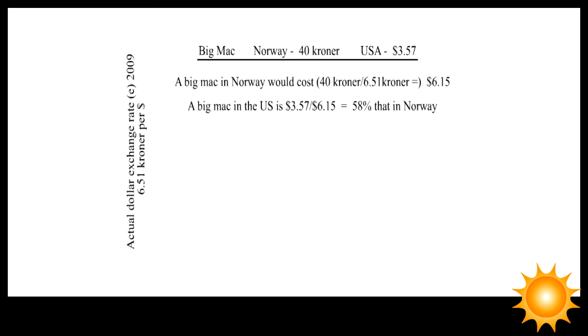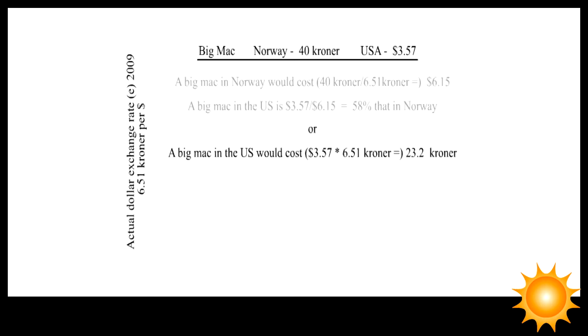Alternatively, we can compare the prices in terms of kroner. Convert the US price into kroner price and divide it by the Norway kroner price. Again, a Big Mac in the US still sold for only 58% of the kroner price in Norway.